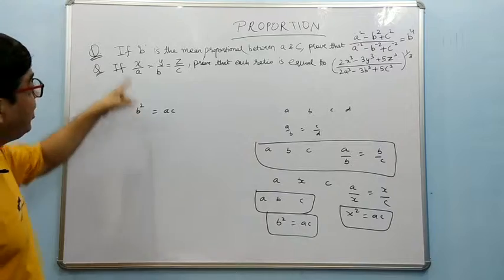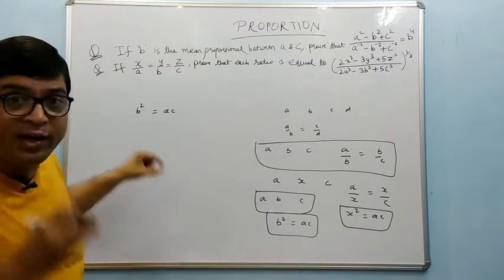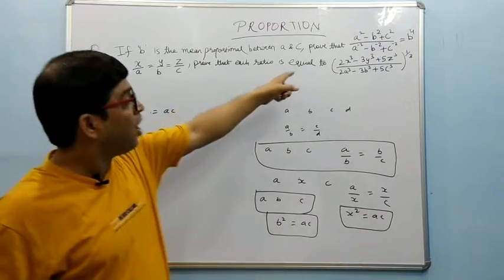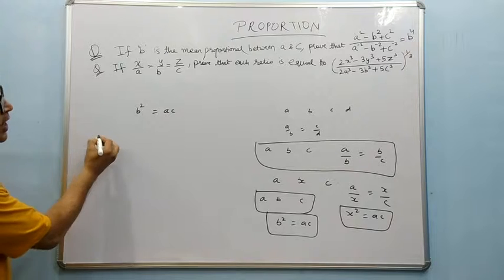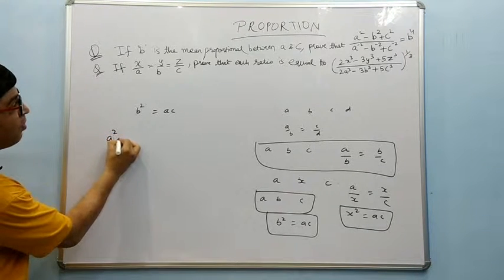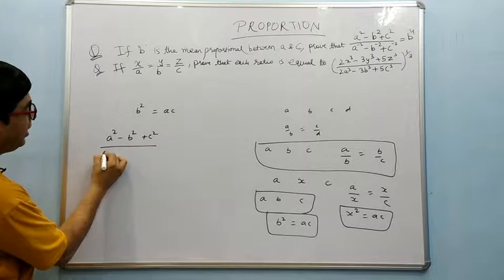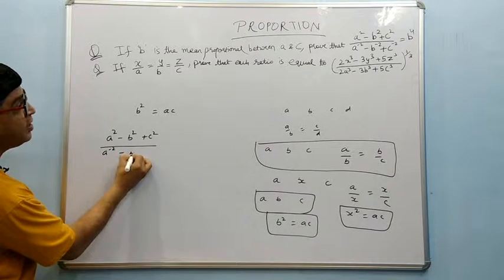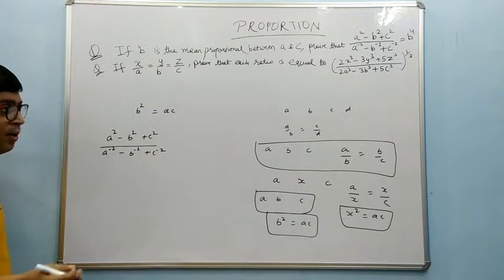So I have just written, because B is the mean proportional between A and C is given, in mathematical format. Now I need to prove that this thing is equal to B to the power 4. So I am taking the LHS. This is A square minus B square plus C square, divided by A to the power minus 2 minus B to the power minus 2 plus C to the power minus 2.